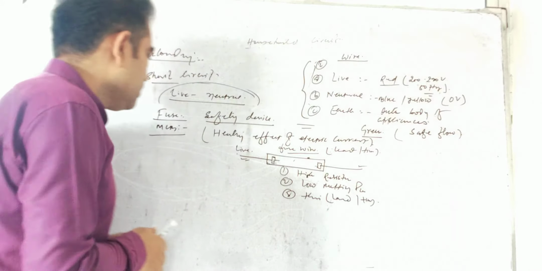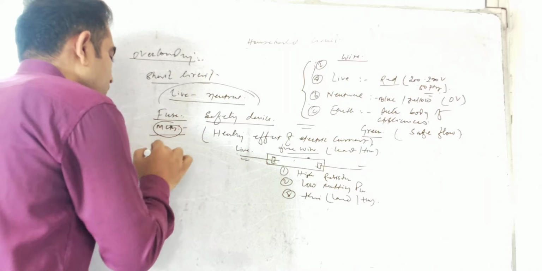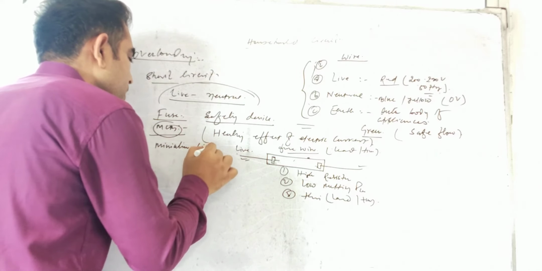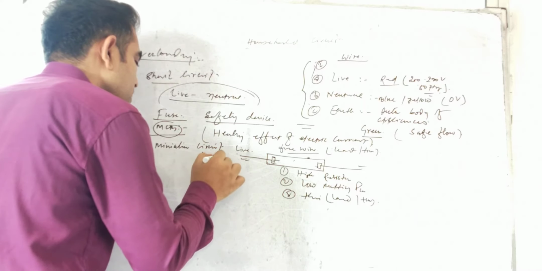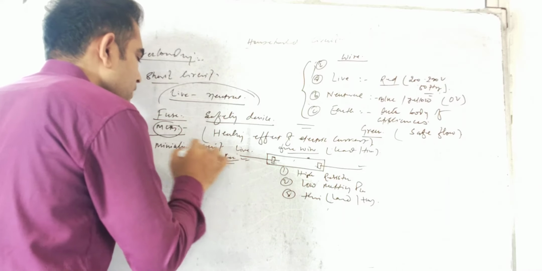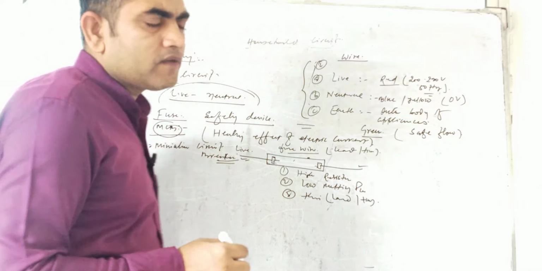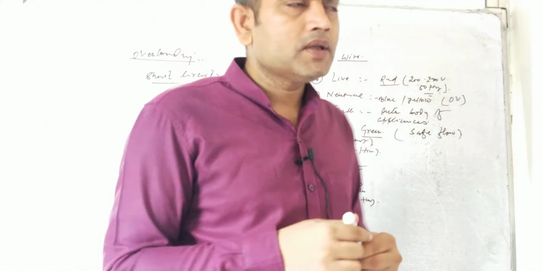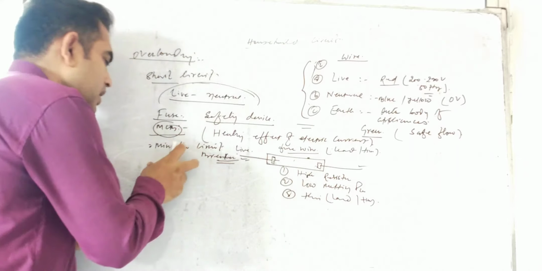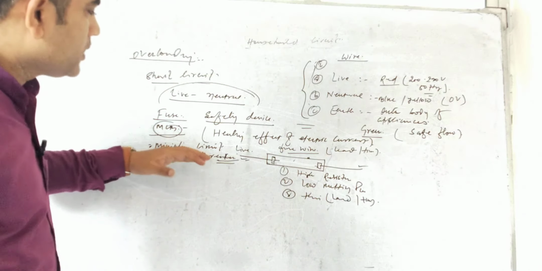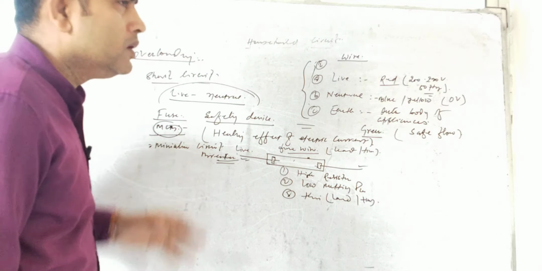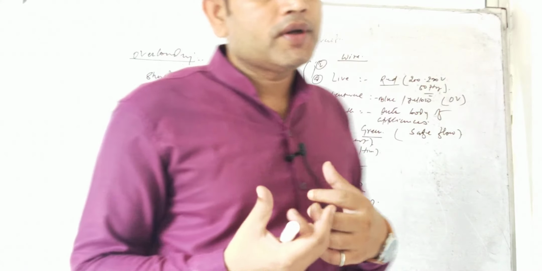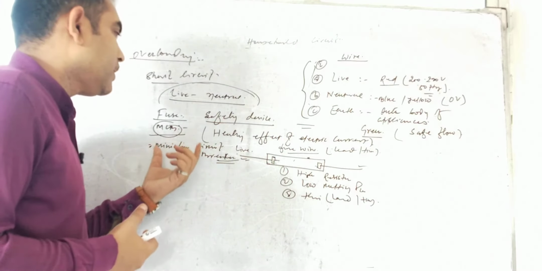The MCB is the miniature circuit breaker. The name itself gives the information that it is nothing but a circuit breaker. Whenever excess current passes through the appliances, this device gets heated, excess heat is generated, and it automatically gets turned off.